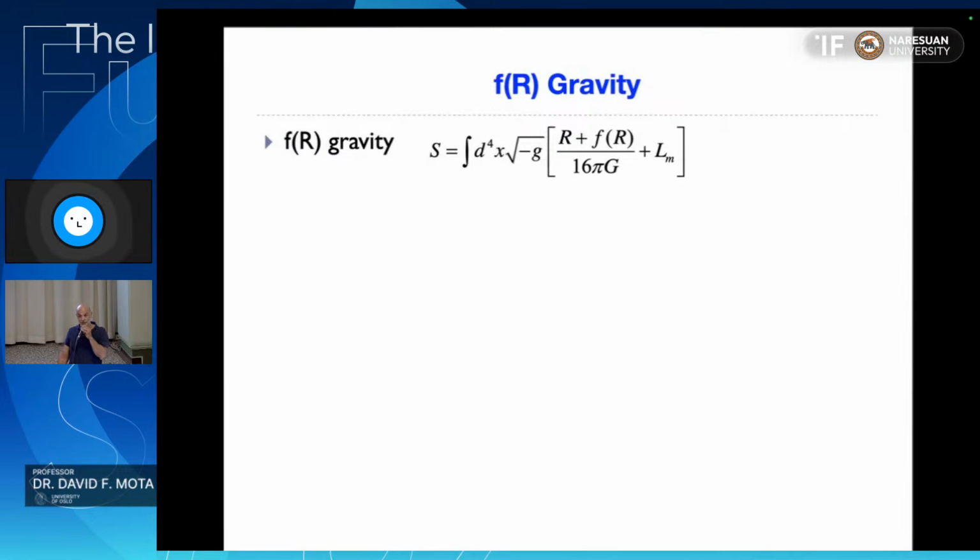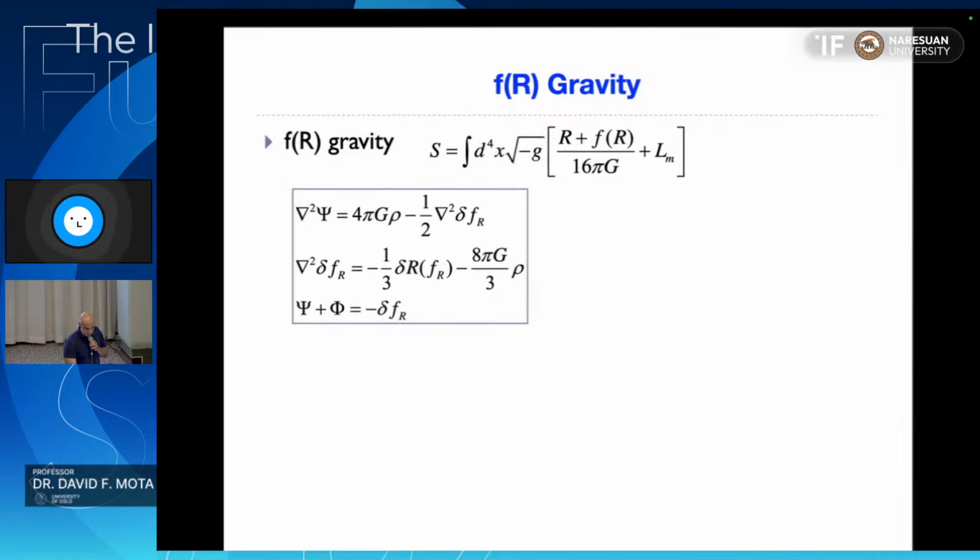Now, in f of R gravity, we also have modified Einstein equations, okay? So now instead of just R, we have f of R, and we do the same. We perturb the Einstein equations, this is what we get. So we have an equation for psi, which is proportional to rho, but also proportional to the perturbations in my scalar degree of freedom, delta f_R.